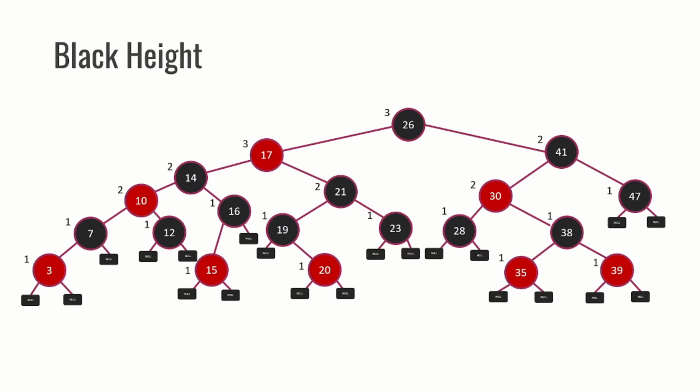What should be noted is that we do not count the node itself, and all of the null pointers count as black. So for 26, which is the root node, it has a black height of 3 because every possible path to a descendant has 3 black nodes in it. Again, not counting itself, and we do count the null pointers.